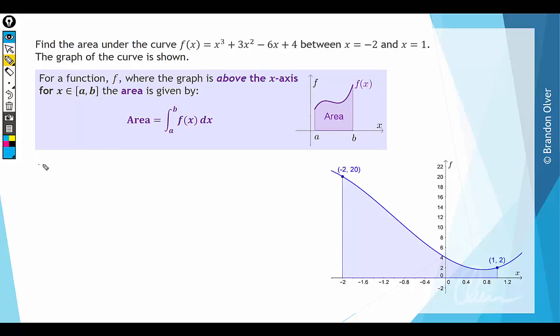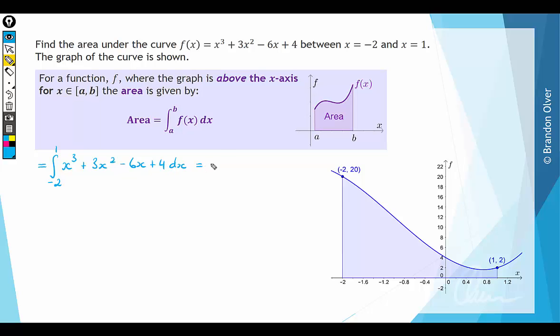So our area can be computed as the integral between -2 and 1 for the function x cubed plus 3x squared minus 6x plus 4 dx.